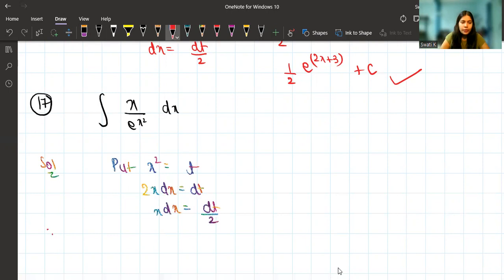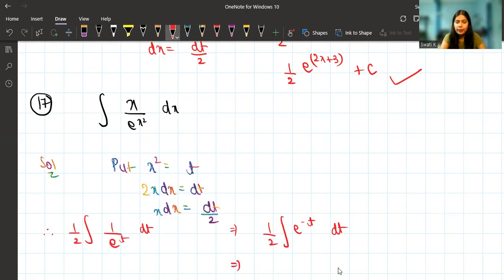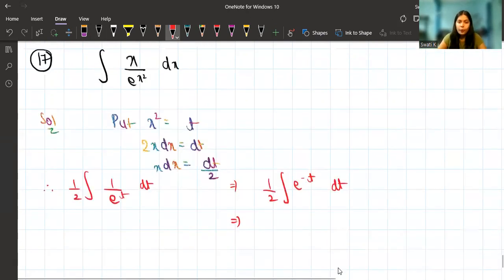Now you can rewrite your integration: x dx is dt upon 2, so the 1 upon 2 I'm writing outside. 1 upon e raised to x squared is 1 upon e raised to t. Now this I can write as 1 upon 2 integration of, by using the property of exponent, e raised to minus t dt.